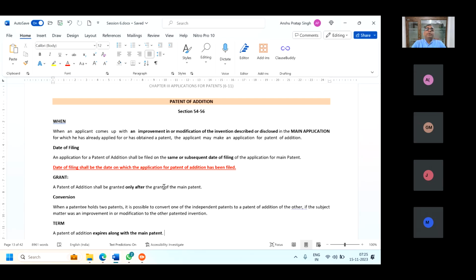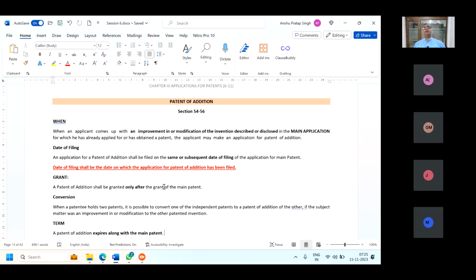If you want to go for patenting this, you can go for this addition. This is considered a patent of addition, that is, a modification and improvement of an invention which is already disclosed in one application. Now the first application which was filed will be considered the main application, and the new application will be the patent of addition.